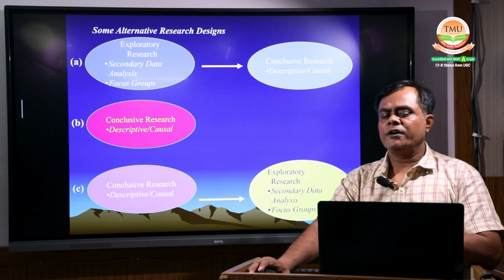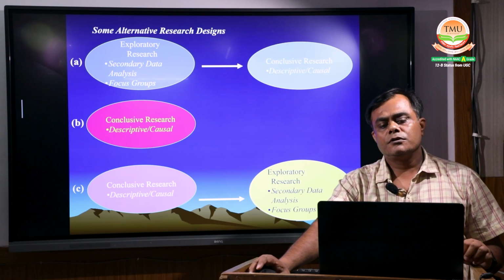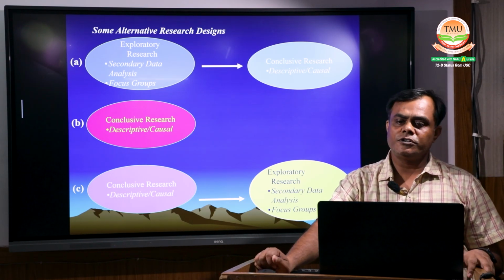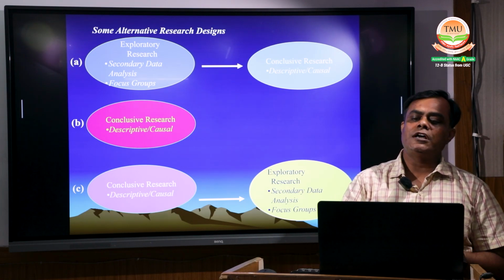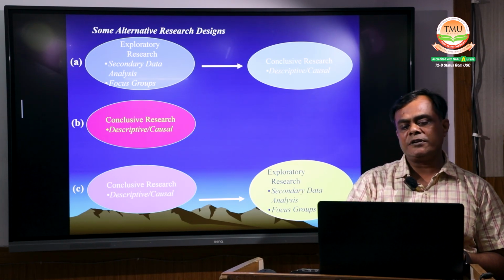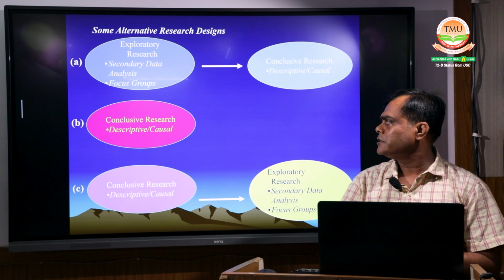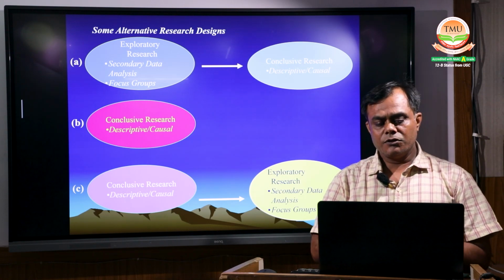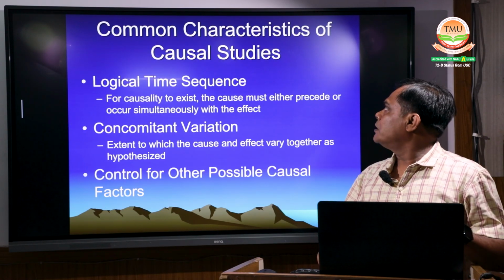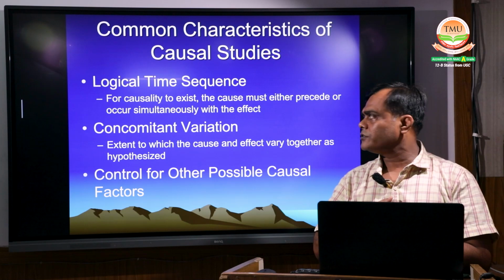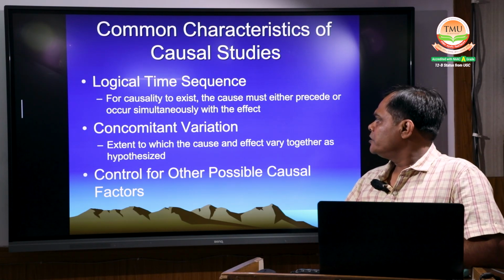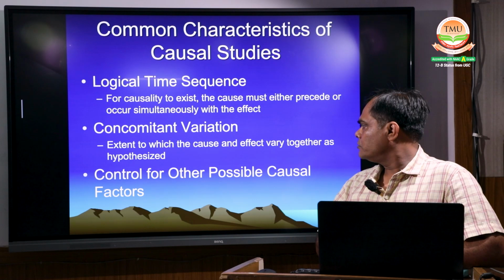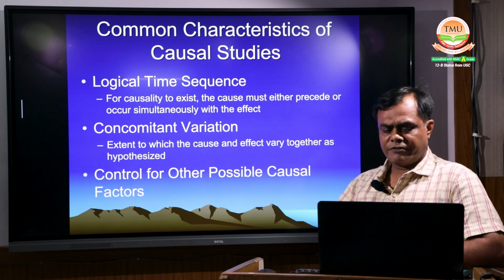So the third type is causal, or hypothesis testing, or the experimental research design. So causal, hypothesis testing or experimental research design are considered in the same category. In causal research, the common characteristics are logical time sequence, concomitant variation and control of other possible causal factors.